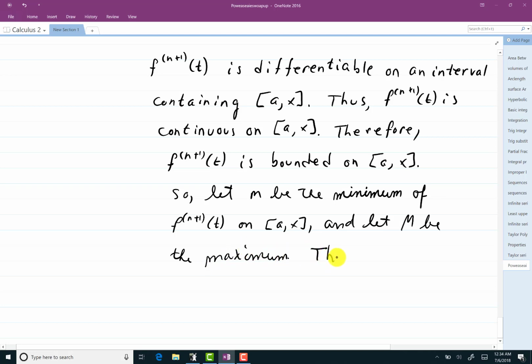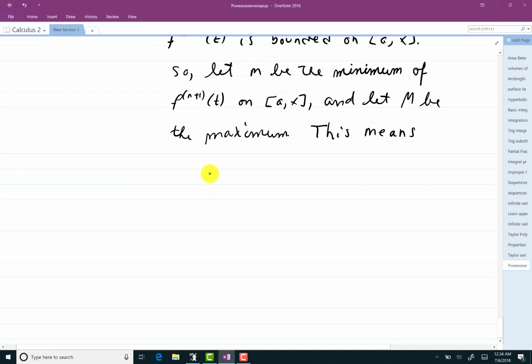This means that f to the n plus 1 of t is less than or equal to capital M, but greater than or equal to little m for t in the interval from a to x.